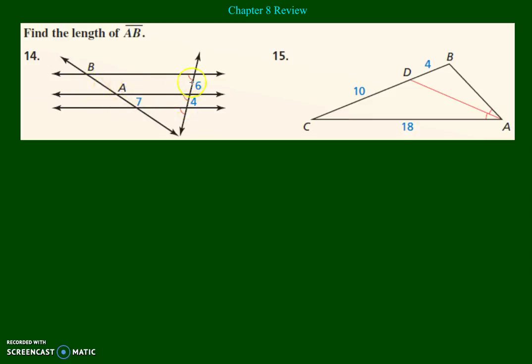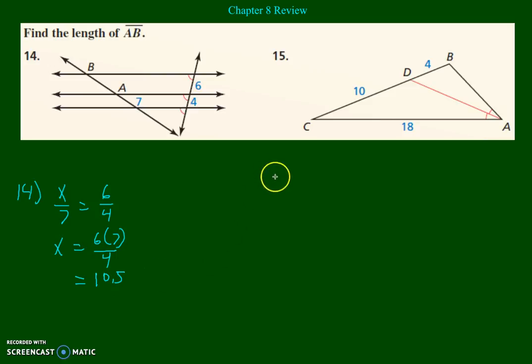We could say x is to 6 as 7 is to 4, any way we'd like. Problem 14, I'm going to set up x is to 7 as 6 is to 4. X equals 6 times 7 divided by 4, which is 10.5.